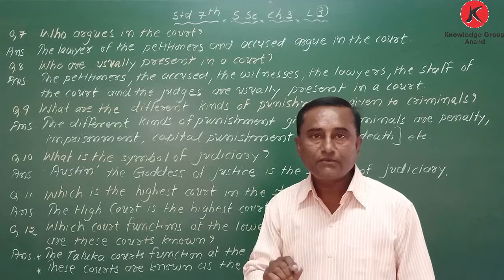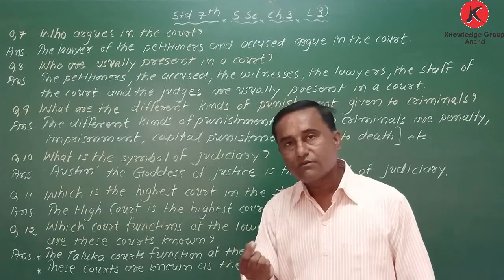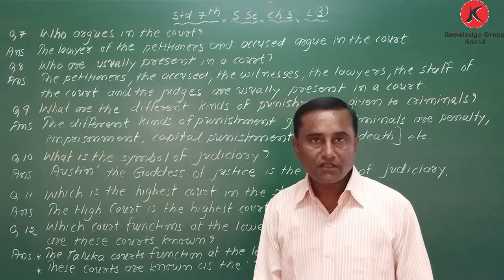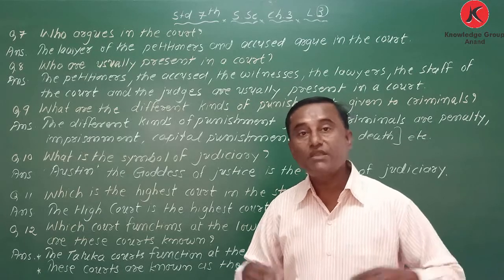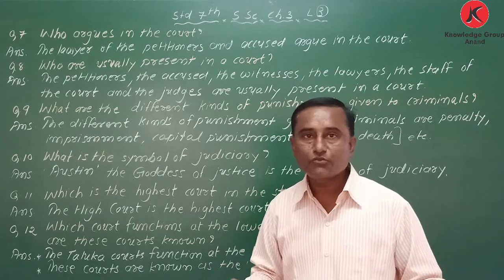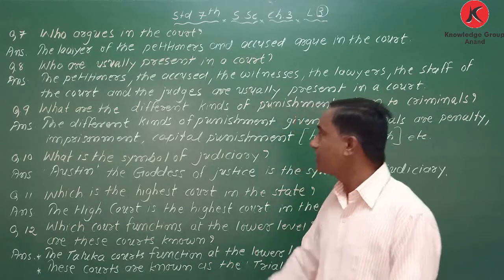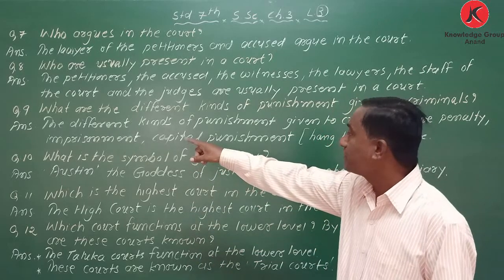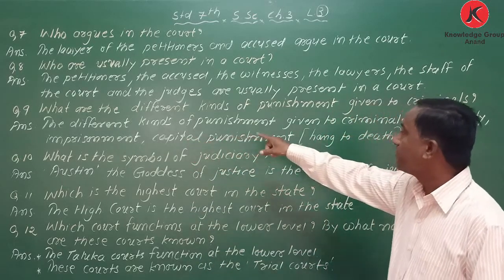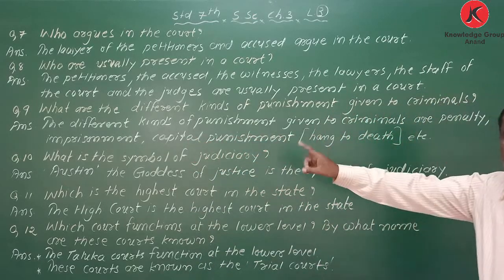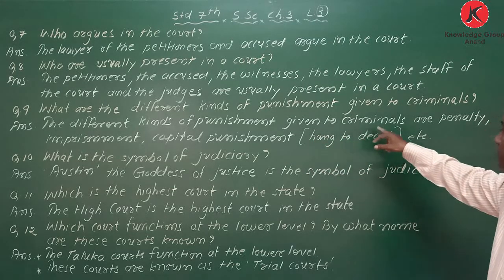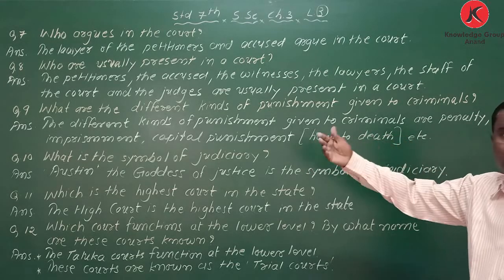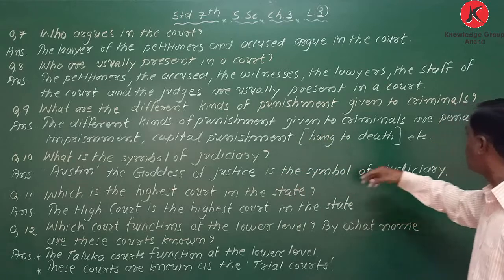If the crime is small, less punishment can be given, and if the person does a big crime, then the punishment should be bigger. So the different kinds of punishment are given to criminals.